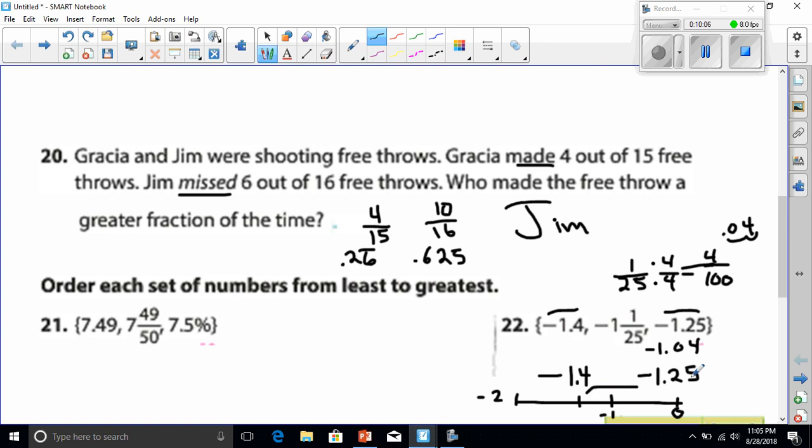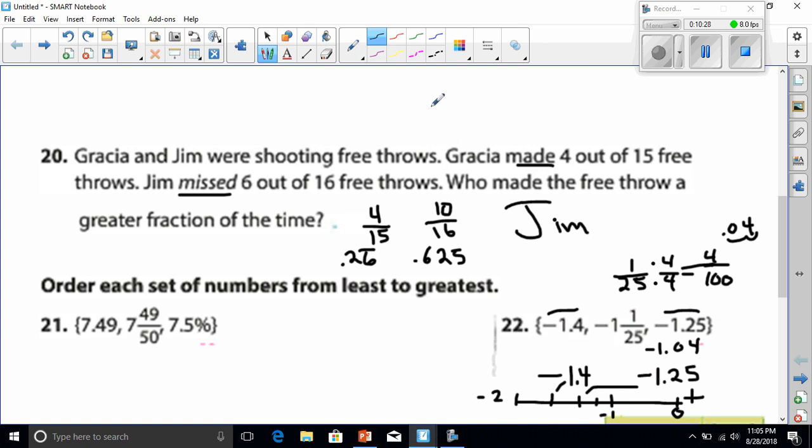That would be somewhere over here. Negative 1.25 would be here, and negative 1.4 would be here. But look, we have negative 1.04, and that's going to be somewhere in between here. And since it's closer to my positive sides, that tells me it is the greatest number out of all of them.